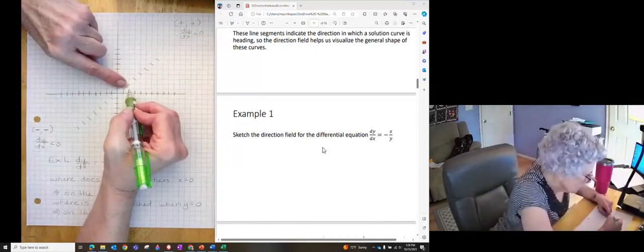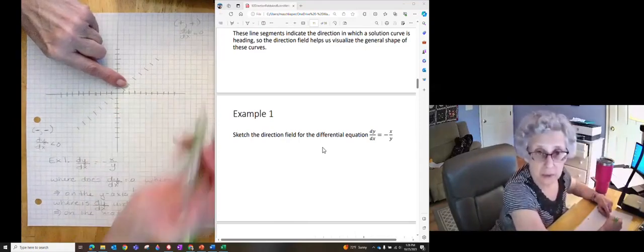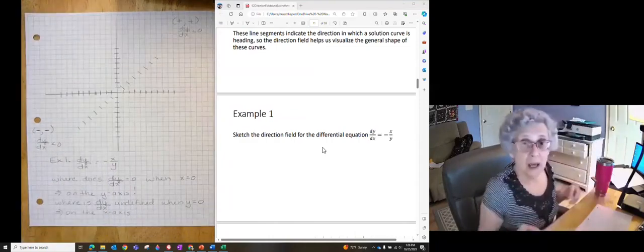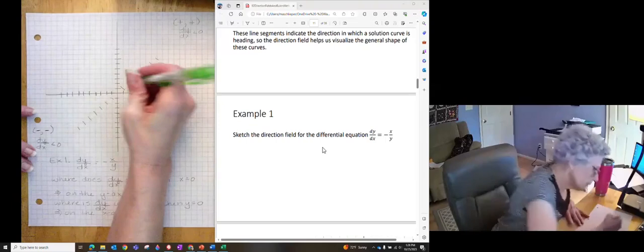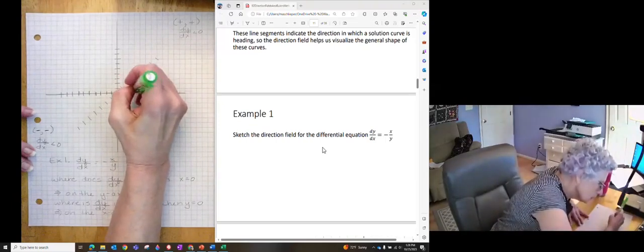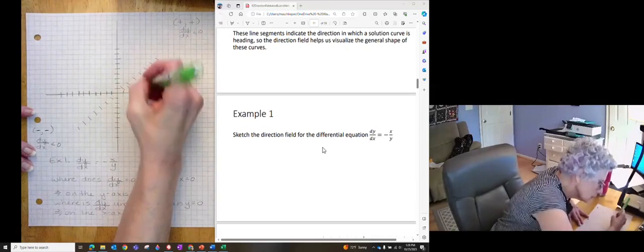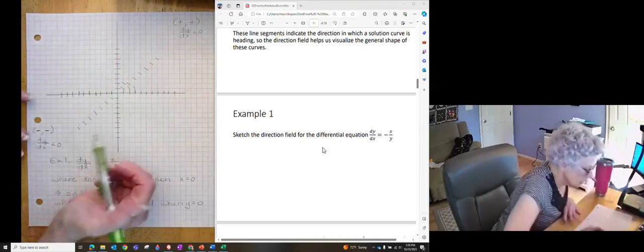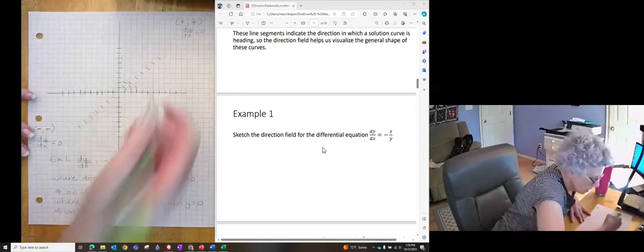If I pick a number where x is bigger than y, since x is on top, I'm going to have a slope that's steeper. So it would be more like that. And if I pick one where y is bigger, it's going to be a little flatter.